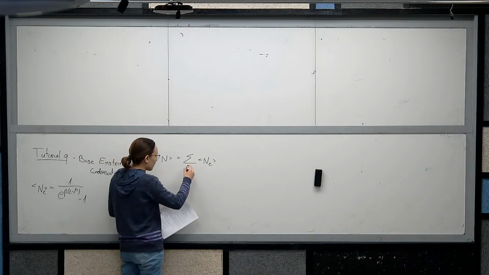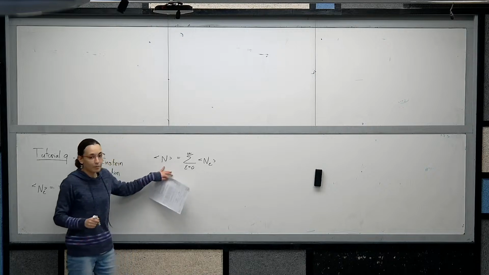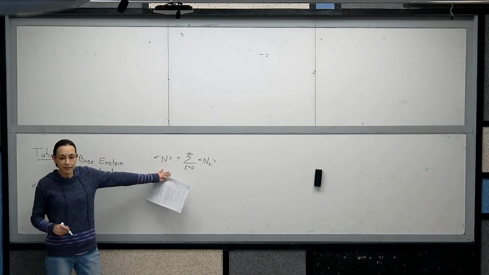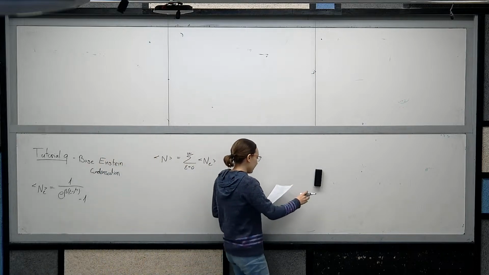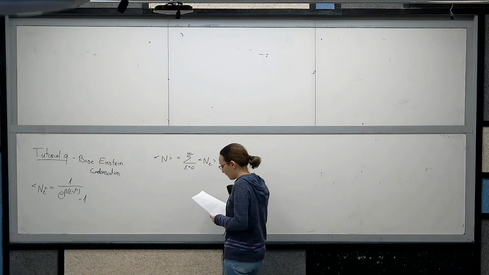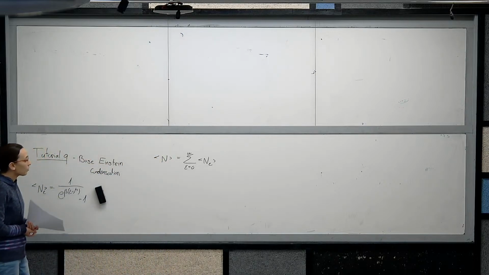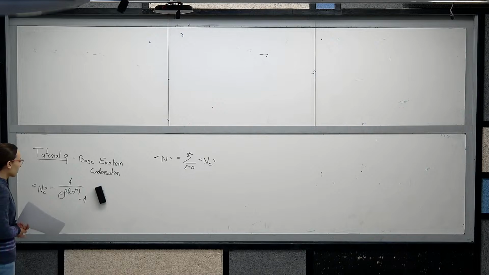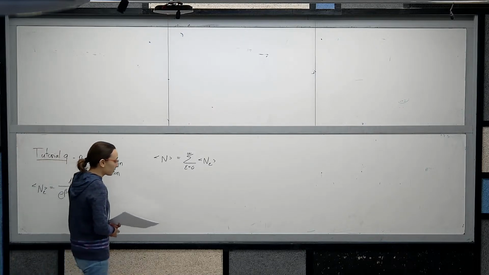And when we're summing up over all possible levels, we will get the average total number of particles in the system. Okay, so we can say such a thing. We want to see here something very specific.